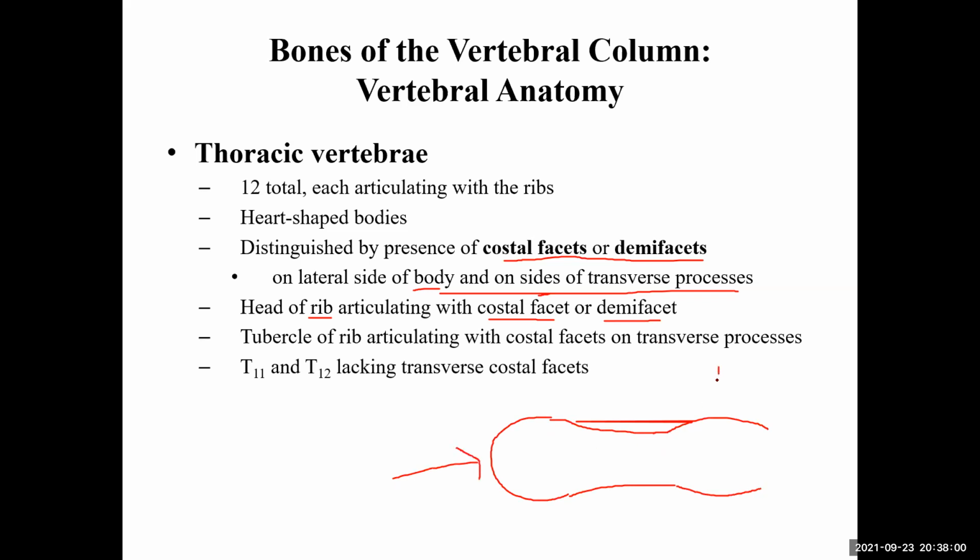This other bump here is called the costal or rib tubercle, and that is going to articulate with the transverse process. I'll show you a picture to help you understand this later on. These ribs are going to articulate with the vertebra twice: once on the head, on the vertebral body, and second on the transverse process.